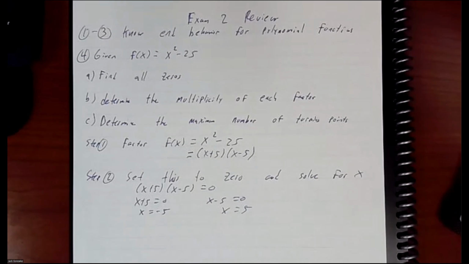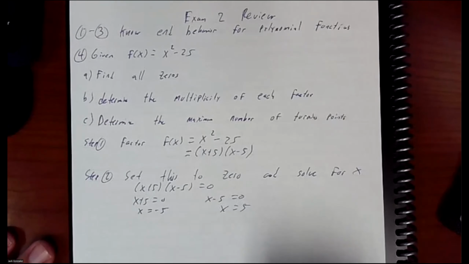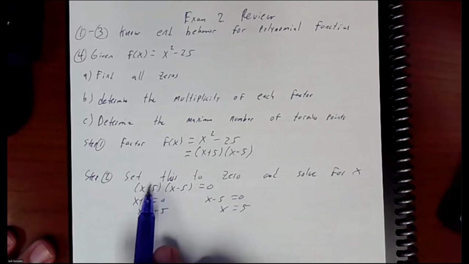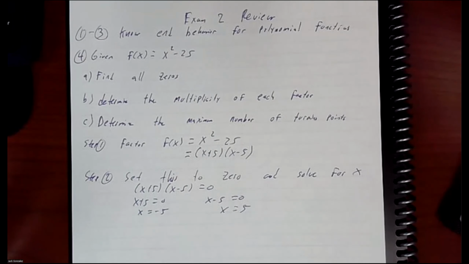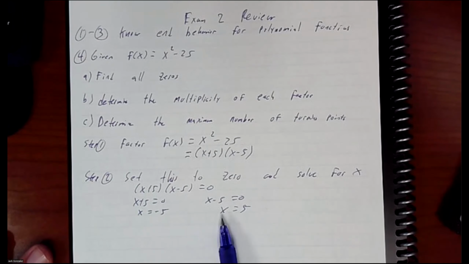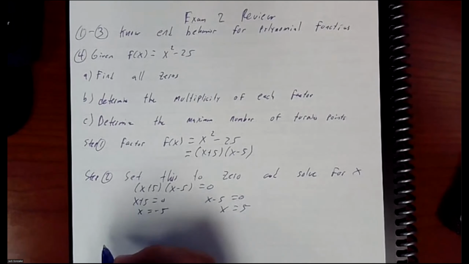All right, so those are the zeros. Once you have them, these are the factors. So determine what's the multiplicity. On this homework system they tell you to put it in order, but on the exam it doesn't matter.